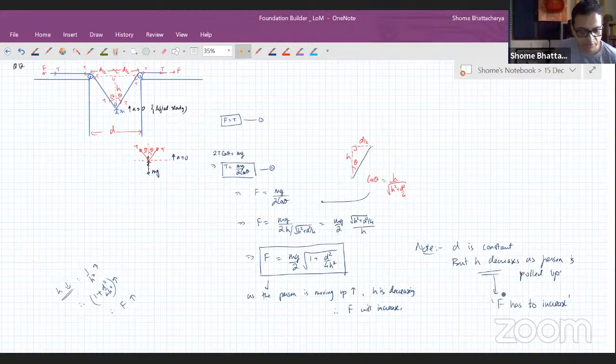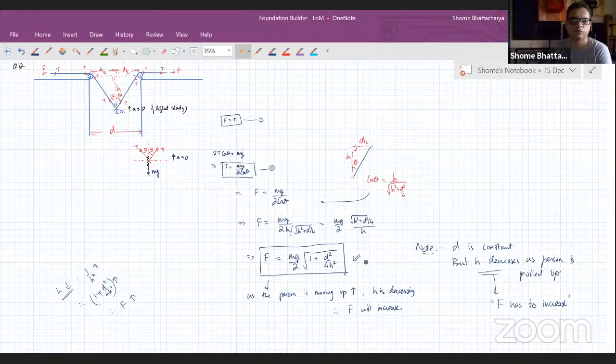So you have to show that the force exerted by each friend on the rope increases as the man moves up, and find the force when the man is at a depth of h. So as a function of h, when he is at a depth of h, this is the value of force. And from this formula itself, you can see that as the person being pulled up is going up, his depth h is decreasing from the top.